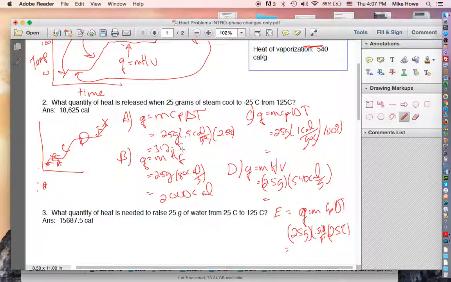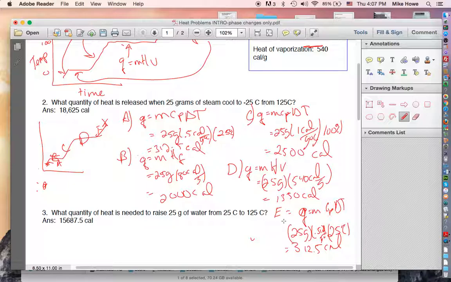And that's calories because everything else cancels. Up here I got 25 times 100, so I'm pretty sure that's just 2,500. 25 times 540 is a pretty big number. So 25 times 540 is 13,500. And then the last one, 25 times 0.5 times 25 is again 312.5. And these of course are calories because calories cancel out.